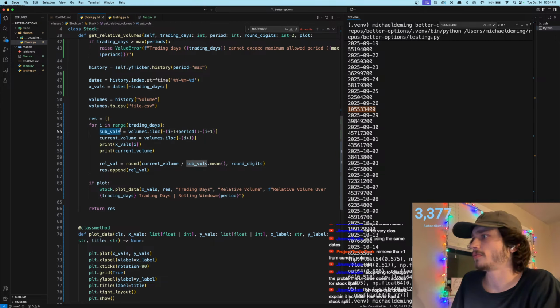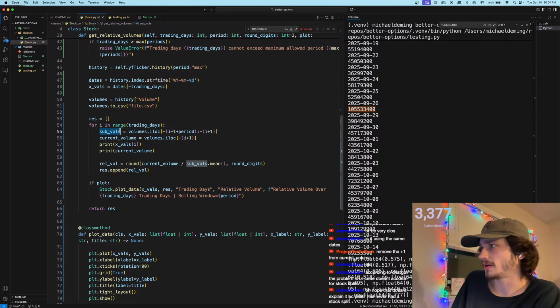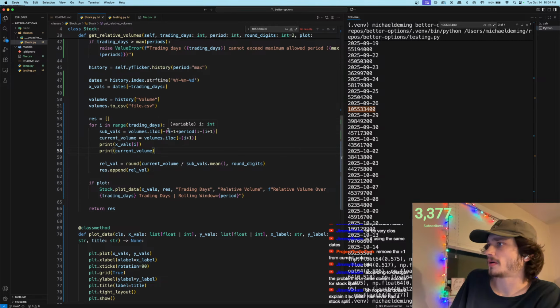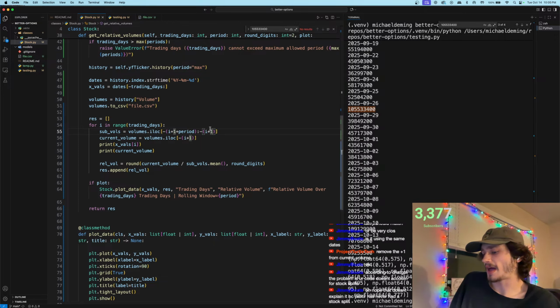So the volume window is this, and it's going from, so i is going to be 0, 1 plus the period, 21 in this case, negative 21 through 0, negative 1. We don't want to include the last value though.